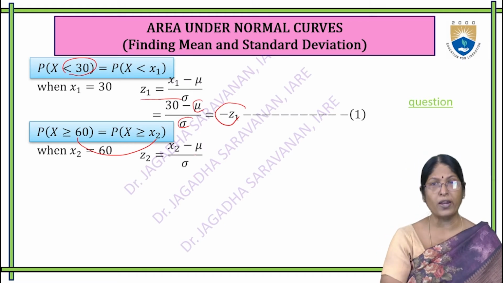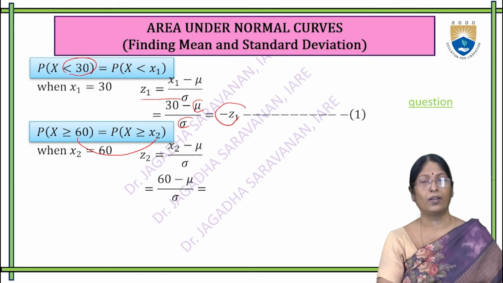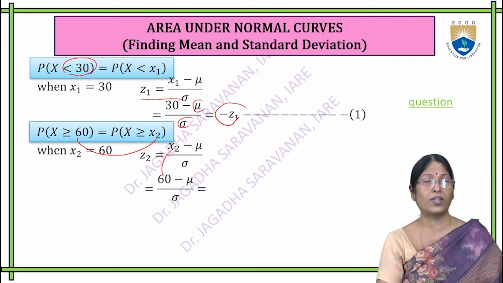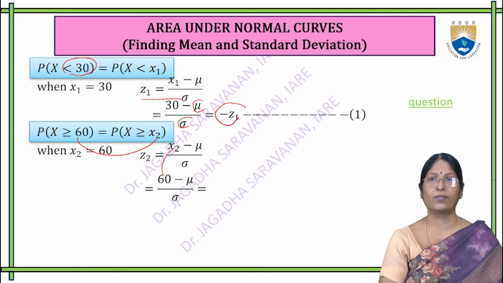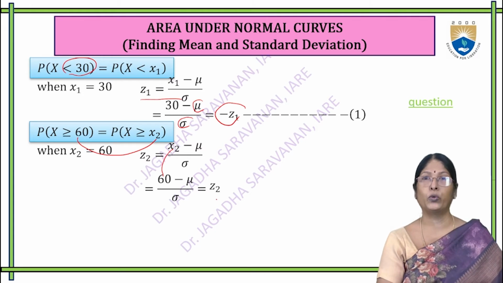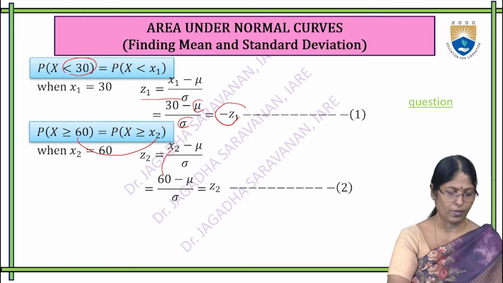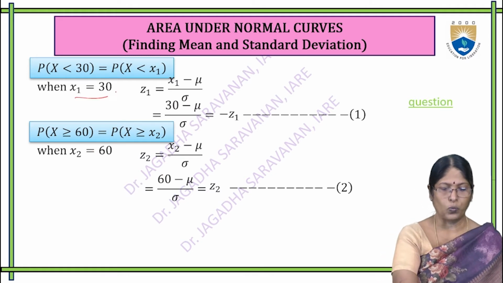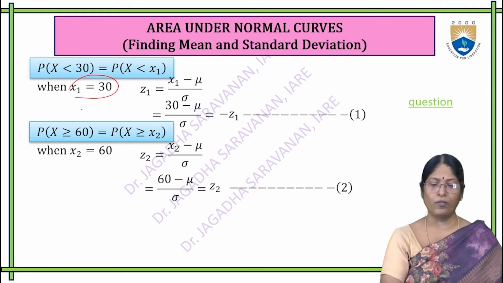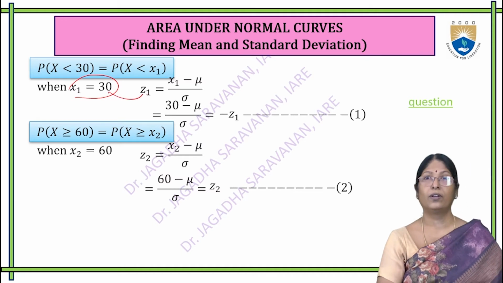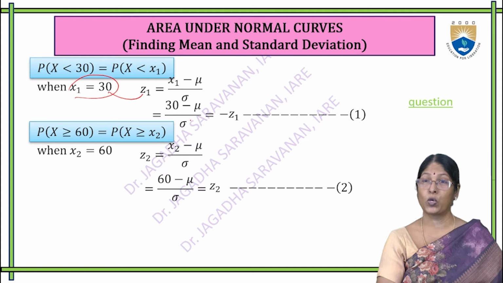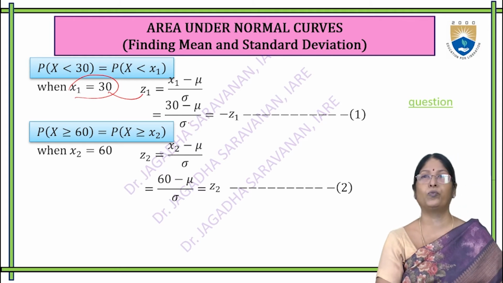So x2 minus mu by sigma, x2 replaced by 60, minus mu by sigma; we named it z2. x1 is 30 and should be converted into z1, but we are not getting the values because we don't know mu and sigma.